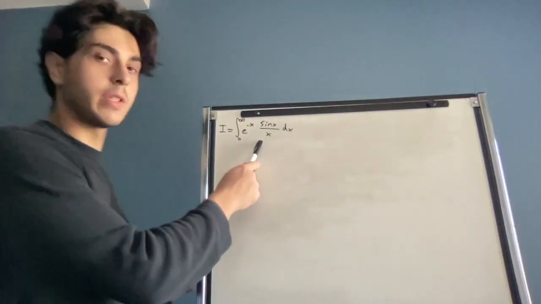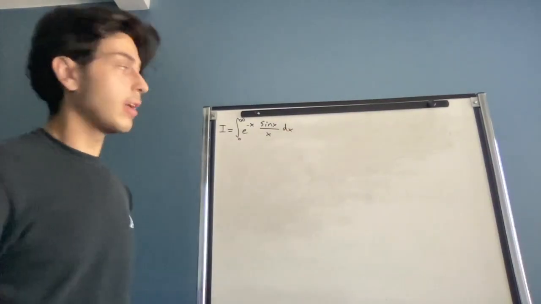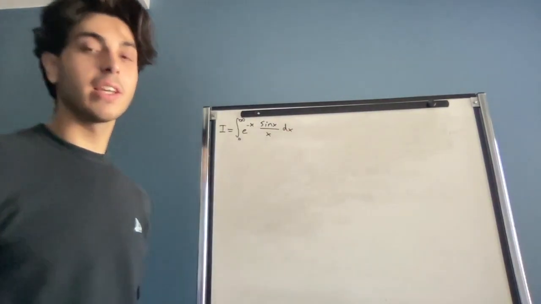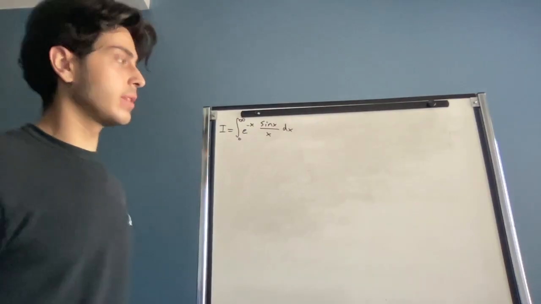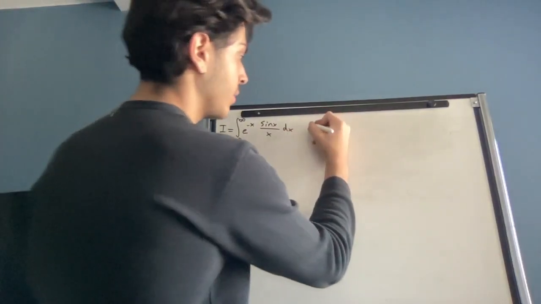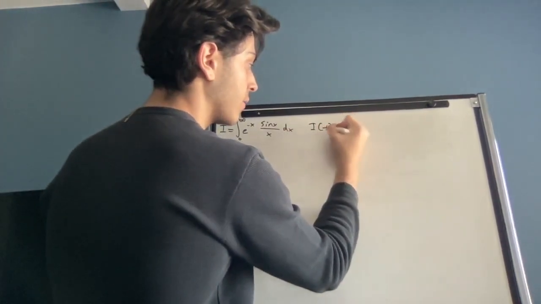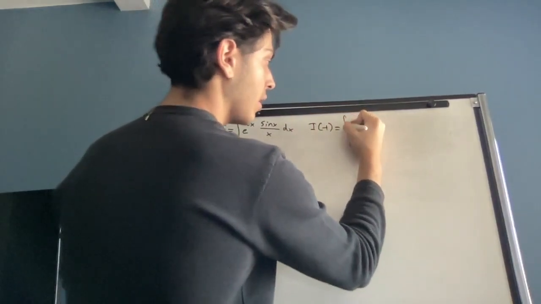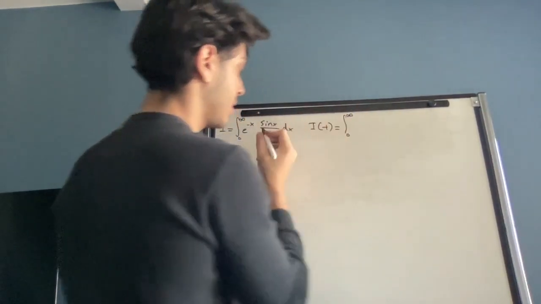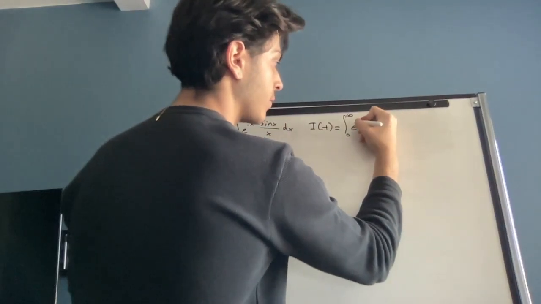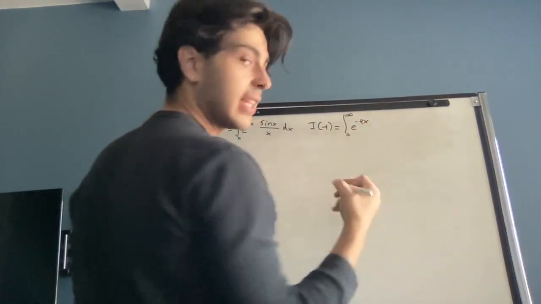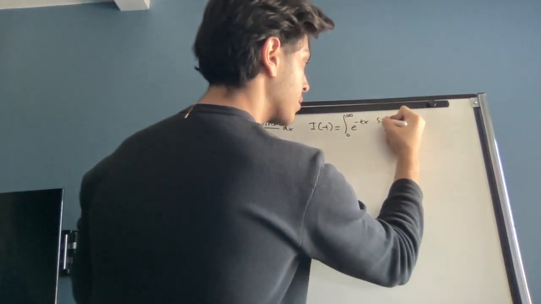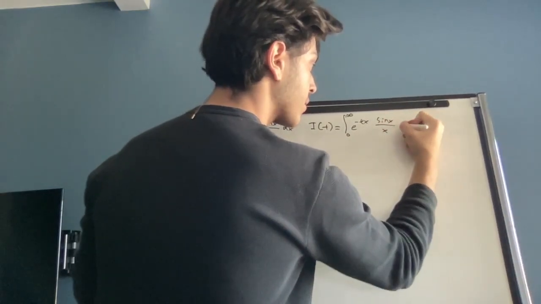With our new transformed integral, I set it as being equal to I, and I switched z from x to x because it was just a dummy variable anyways. Now, I we can set as being equal to a function of t and add a parameterized variable to the exponential function here. So we get e to the negative tx times sine x over x.